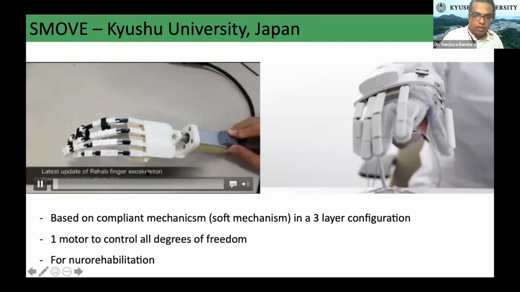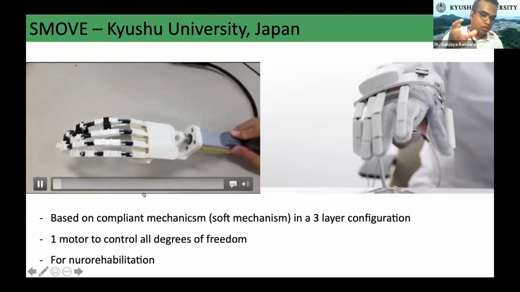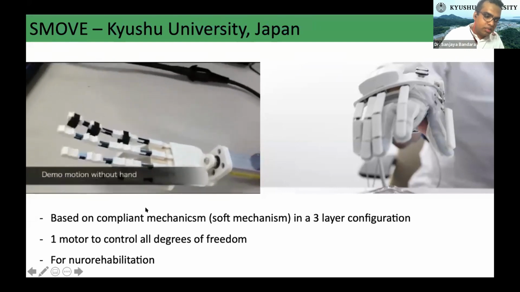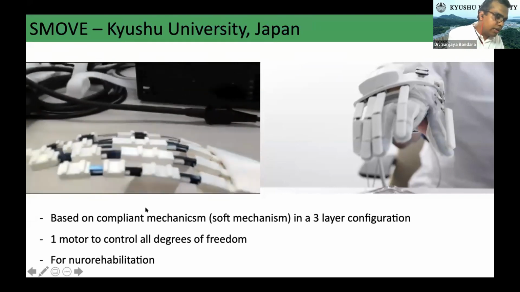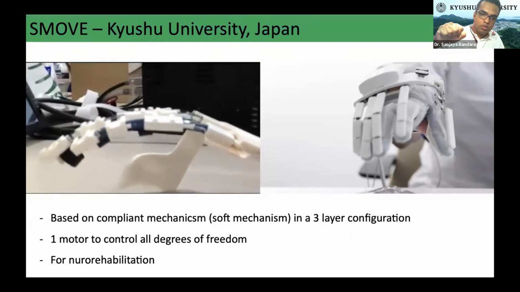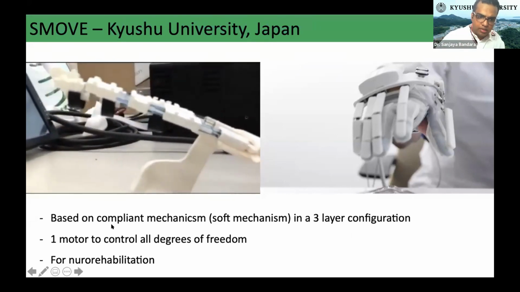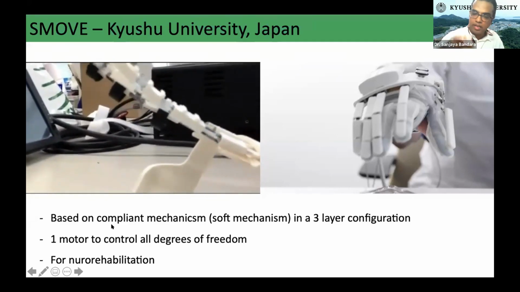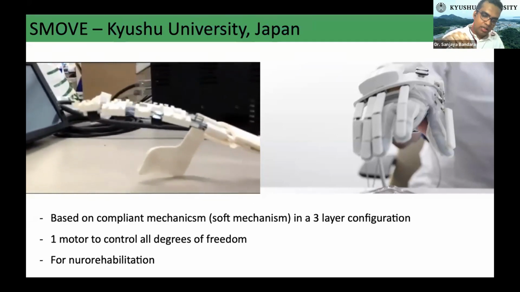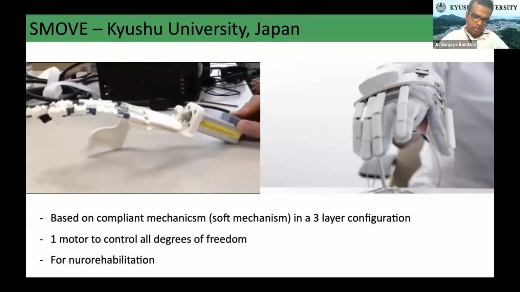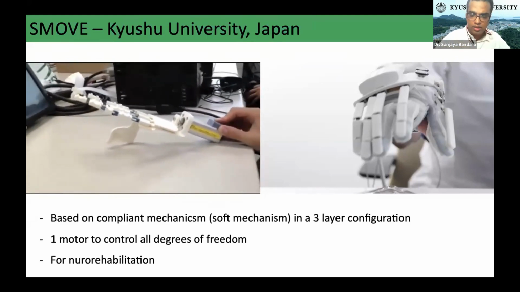This is a hand rehabilitation robot developed in Kyushu University. It is mainly used for hand rehabilitation, hand close and open. As you can see here, this is based on a soft mechanism like springs. I don't think I have the mechanism here.